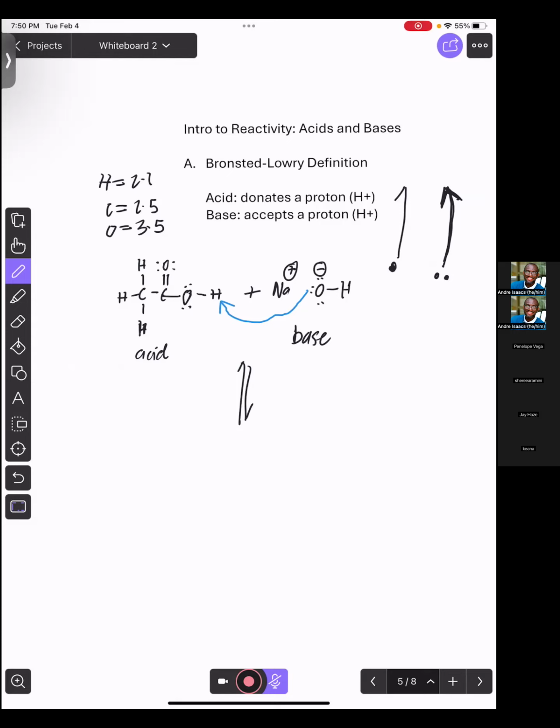Hydrogen can only have 2 electrons at a time. So if hydrogen is accepting 2 electrons from a foreign oxygen, the neighbor across the street or the milkman, however you want to describe this oxygen, what would it have to do with the electrons that is currently in a relationship with the oxygen? What does it have to do with those 2 electrons? Can you hold on to them?